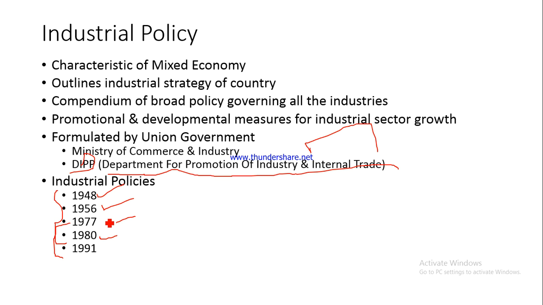This had a very different philosophy regarding the development of a country, which differed a lot from the philosophies of the earlier Congress governments, and that is why they came out with the 1977 industrial policy.